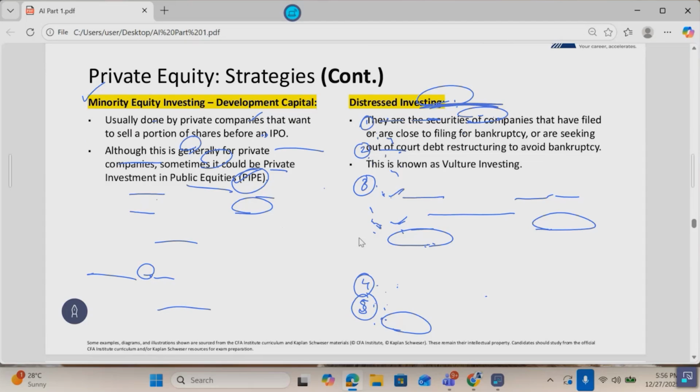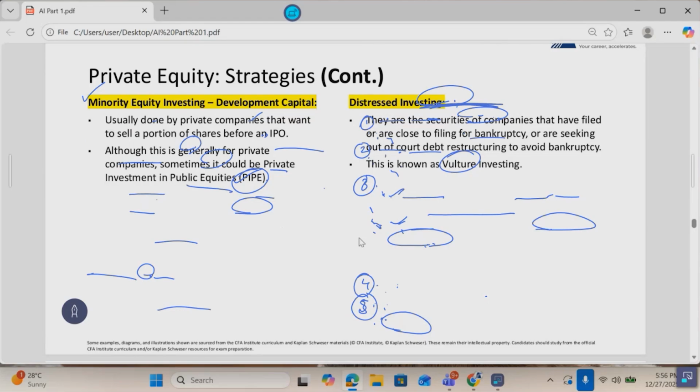Distressed investment is obviously where you are doing investment in distressed companies, especially companies going bankrupt. You go to court, you buy the company in doldrums, and then you make it bigger. That's called distressed investment. This is also called vulture investment, because the company is almost dead, it's gone, and vultures are eating up the company.